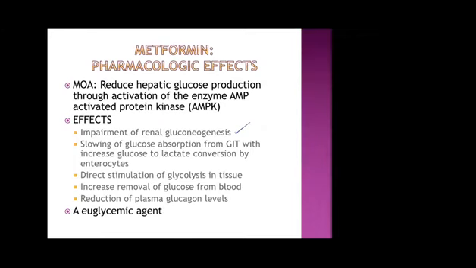Slowing glucose absorption in the GI tract can also be observed. Next is stimulation of glycolysis. So pag na-stimulate ang glycolysis, we utilize glucose eventually. So pag na-utilize ang glucose, bababa ang blood glucose. And then removal of glucose by enhancing uptake into the muscle. And lastly, reduction of glucagon. Reduction of glucagon tells us na less available for hyperglycemia. So therefore, mapapababa nga ang blood glucose.